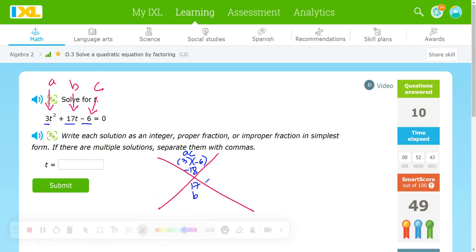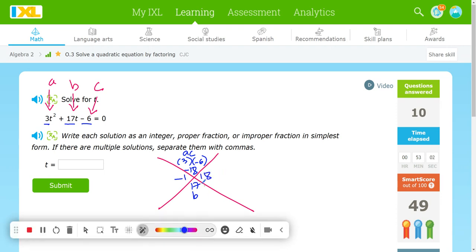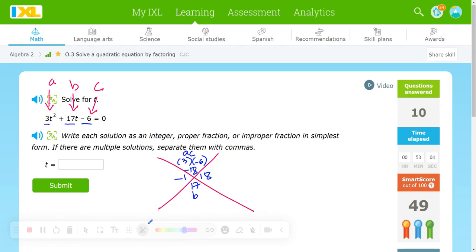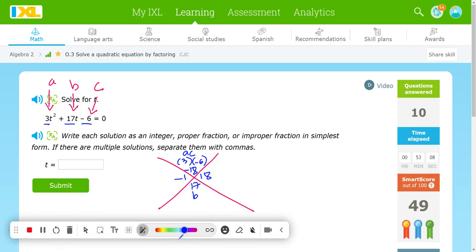Very simple, you guys. Do not forget number 1 or negative 1. So these two numbers should be negative 1 and positive 18. You see that? If they multiply, they equal negative 18. If you add them together, it equals 17.